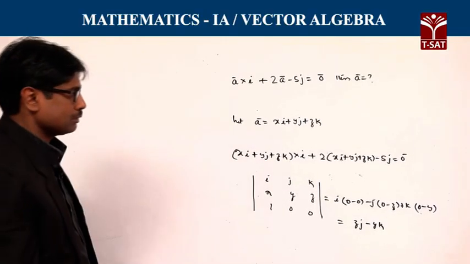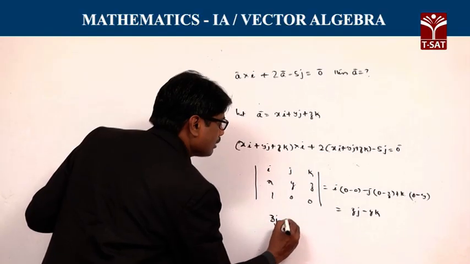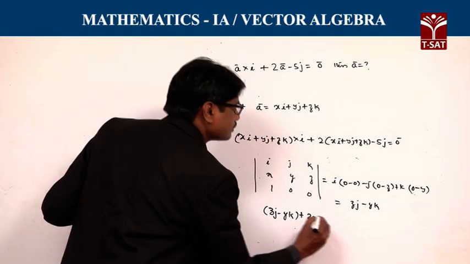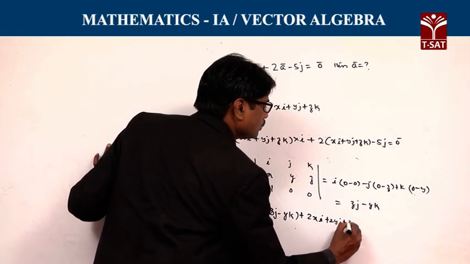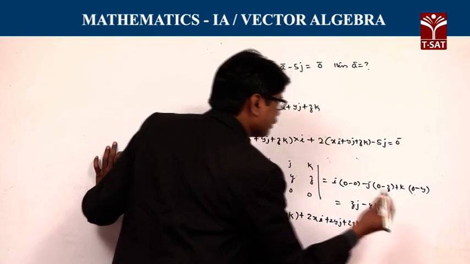I will substitute this value here. Then we have z times of j bar minus y times of k bar plus 2x i bar, 2y j bar, 2z k bar minus 5 times of j bar is equal to 0 bar.